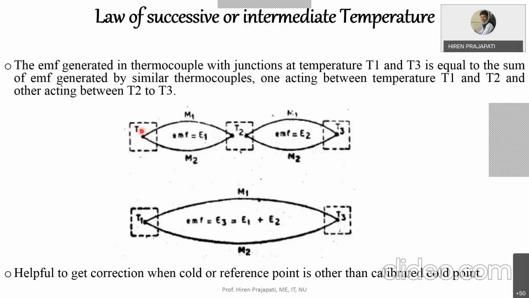At the time of calibration, the cold junction temperature was T1, but now when we are using it for actual temperature measurement, you are not able to get the cold junction at T1. You have the cold junction at some other temperature T2. Then, using this linearity law, you can find the actual temperature of the medium, right? So this law will be helpful. We'll try to understand it through an example.